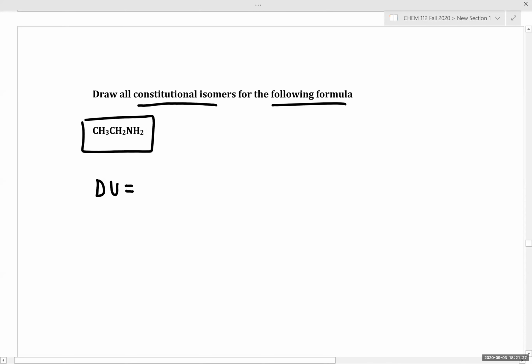Essentially, what this does is it compares our ideal case, our ideal formula, to our actual formula. So ideally, for example, a carbon chain has the form CnH2n+2. If we add an amine functional group, we are replacing a hydrogen with an NH2 functionality.